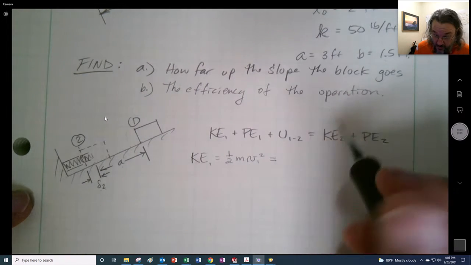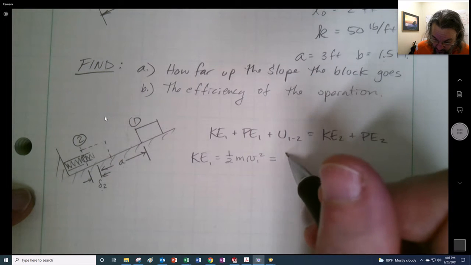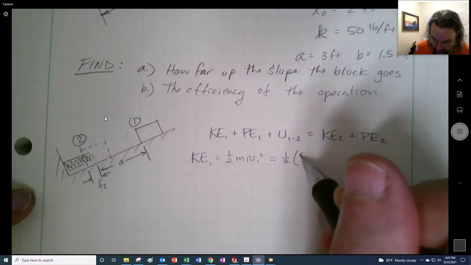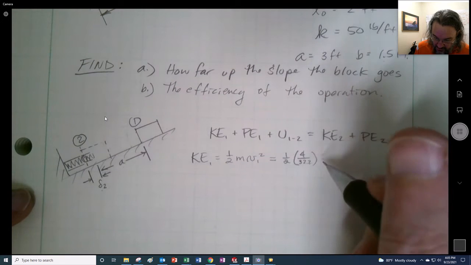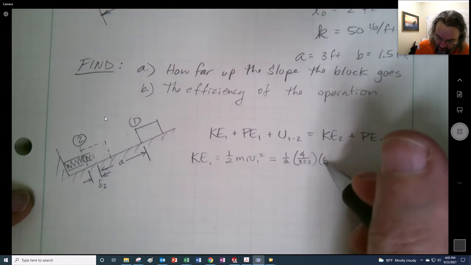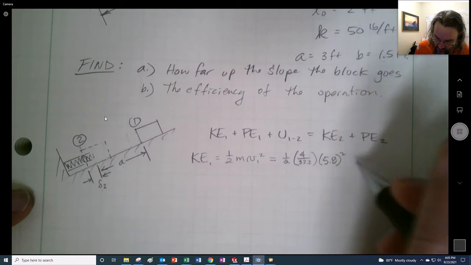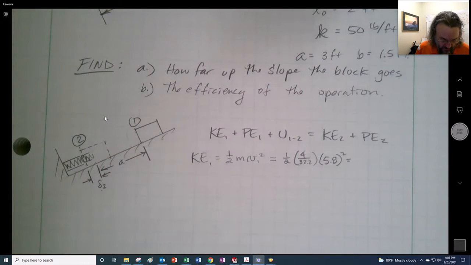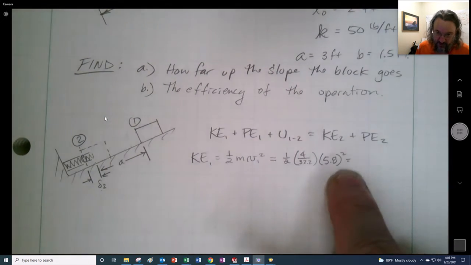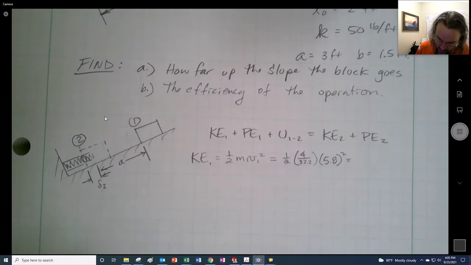We told it was 4 pounds, so make sure that we include that 32.2 when we go to do the mass, and we were told that it's going at 5.8 squared. Full disclosure, I picked a problem whose solution was 5.8 and worked backwards, and that's why it's such a specific number. But this is not what the thing was asking.